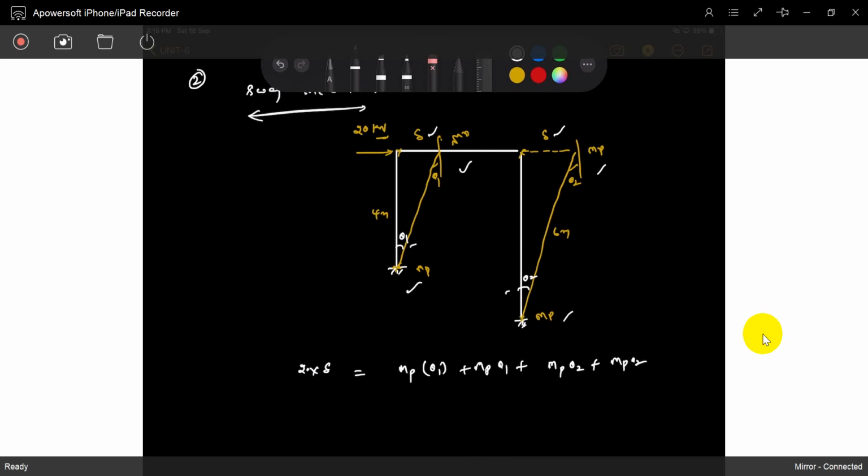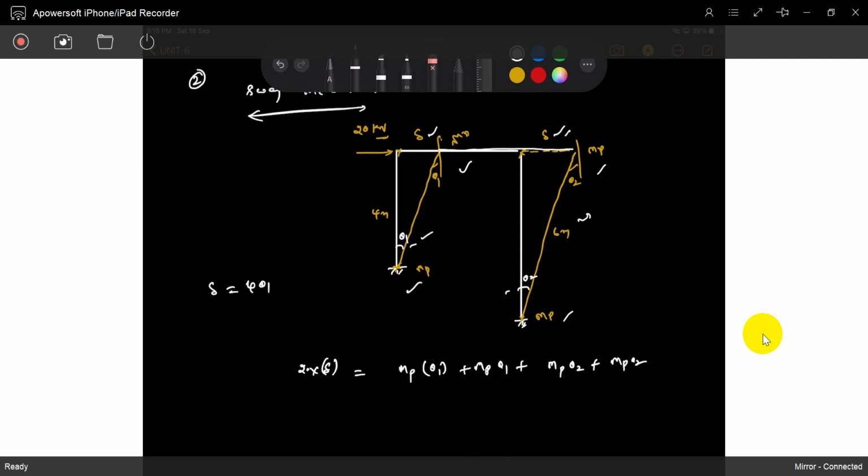Now you can see what delta is. Delta you can write as 4 theta 1, and the same delta here. There is no axial deformation in the member, it's just moving or tilting.